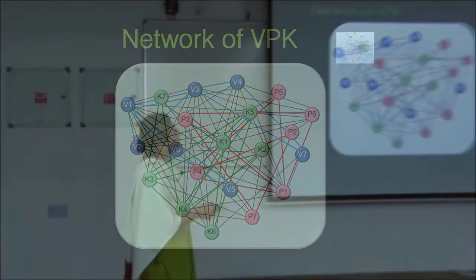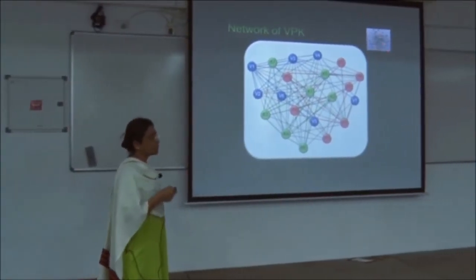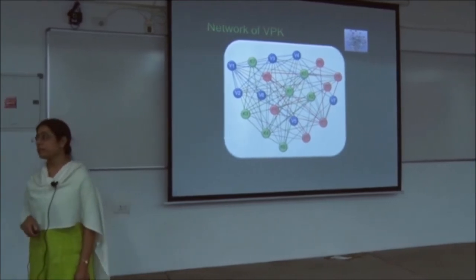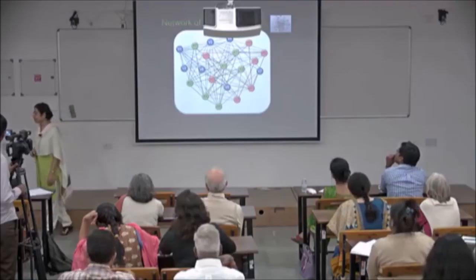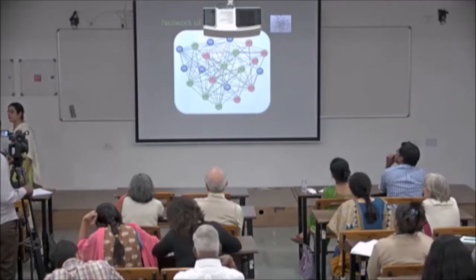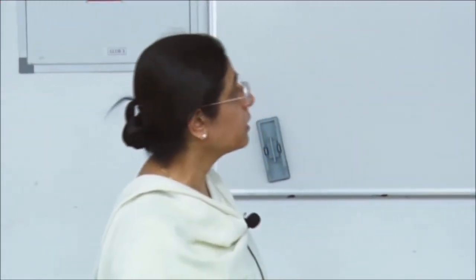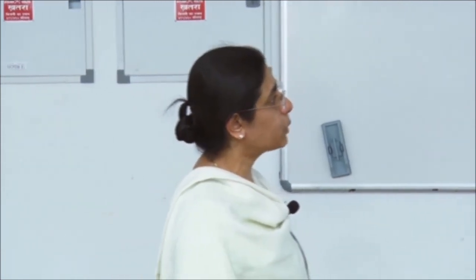So this is a picture taken from a systems biology book. Systems biology is one of the cutting edge areas in modern medicine. And when I give a talk on the contemporary relevance, I'll touch upon this. But here, what I want to draw your attention to is the similarity between these pictures.